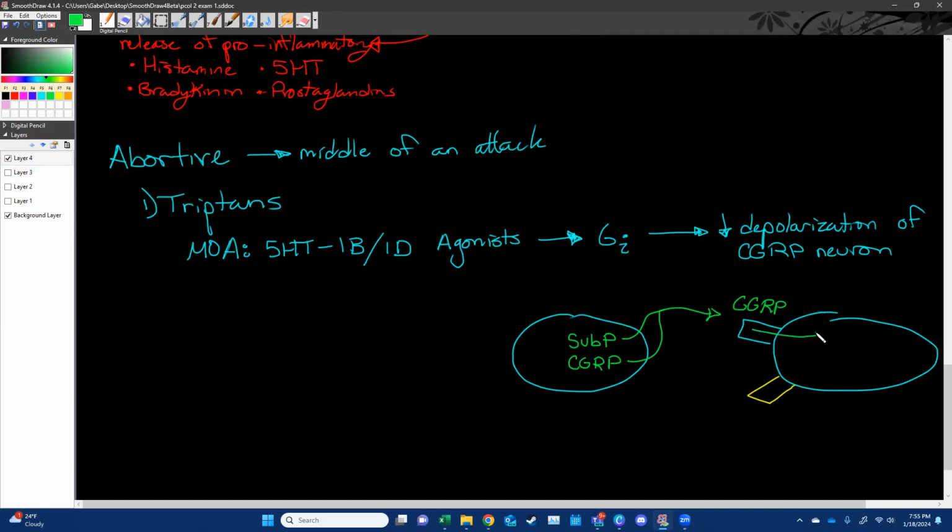And when they bind to this receptor, this leads to a migraine. Downstream, it will release the histamine, the bradykinin, the serotonin, all those different things. What having this 5-HT 1B or 1D receptor is going to do is when serotonin or a drug binds to this receptor, it's going to try to eliminate that process.